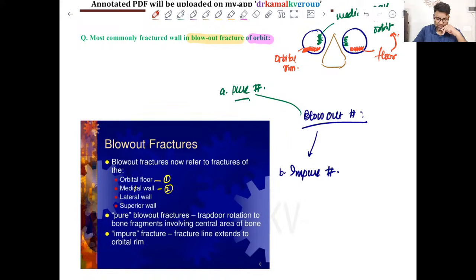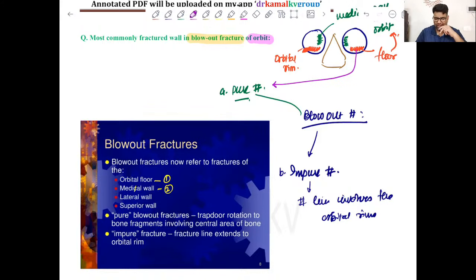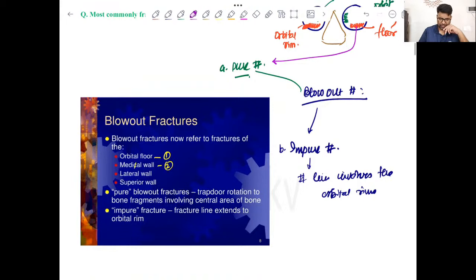So in impure fracture the fracture line involves the orbital rims, or you can say the margins, and if the fracture is limited within the orbit only, not extending up to the rim of the orbit, then this is known as the pure fracture, right? So pure fracture, impure fracture, this is one classification.